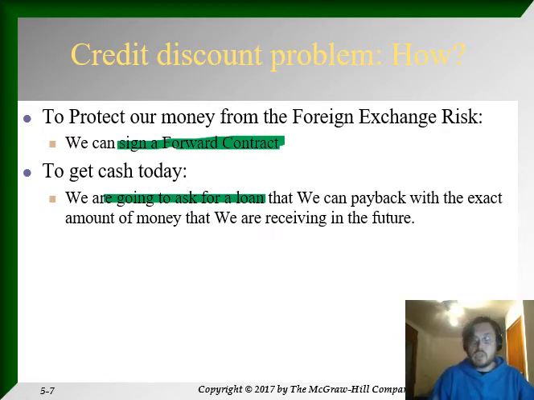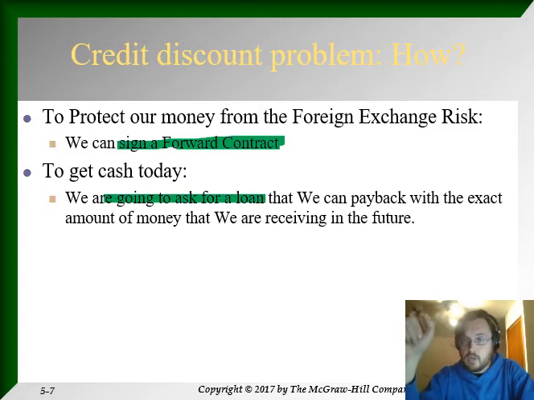For example, if we're asking for that loan in Europe, because we're going to compare Europe and the US in this case, and we know that in 1 year we are receiving €1,000,000, we are going to ask for a loan today whose final value, the amount that we pay in 1 year, is exactly €1,000,000.